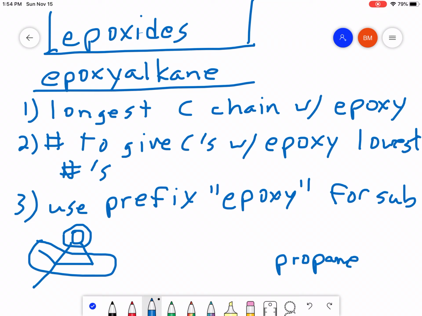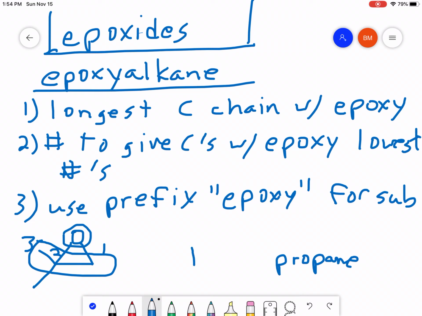We want to number this 3 carbon chain to give the carbons with the epoxy groups, in other words the carbons bonded to that oxygen, the lowest possible numbers. So that means you would go 1, 2, 3. And you see the oxygen is bonded to both carbon number 1 and carbon number 2. That has to be illustrated in your name.